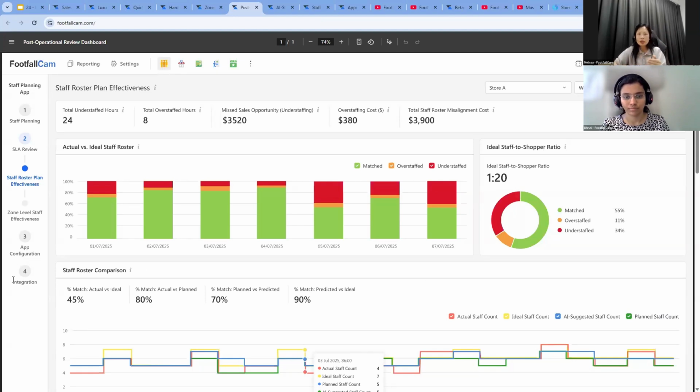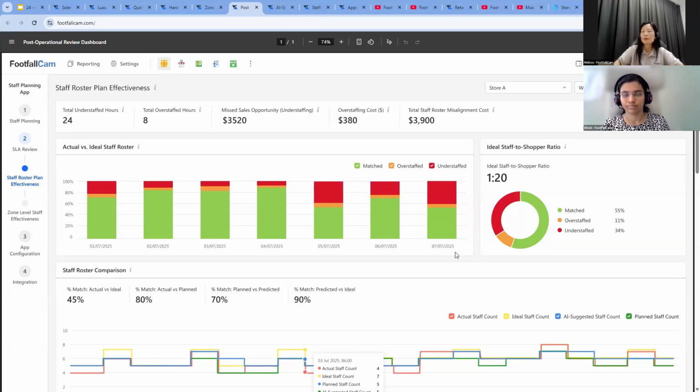So this is data driven, not just gut feeling. It's a hindsight-based metric, but it's our way of saying, knowing what we now know, what would have been the right number of staff. And with this, it feeds back to the prediction engine to give you better predictions in the future.